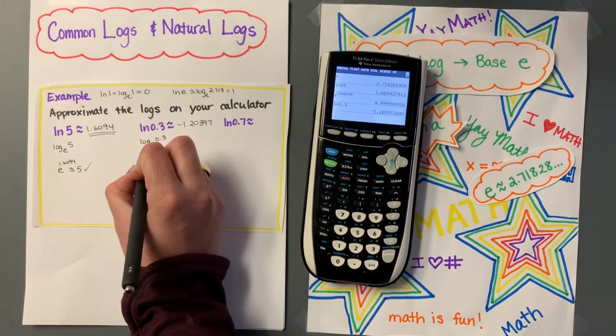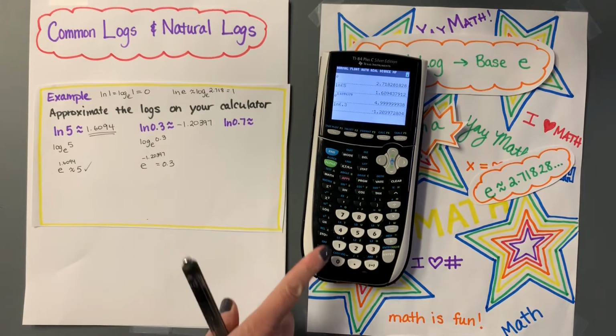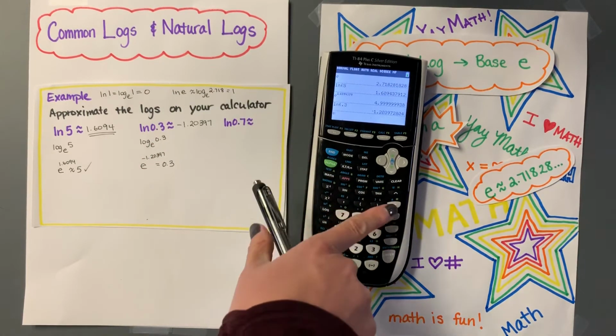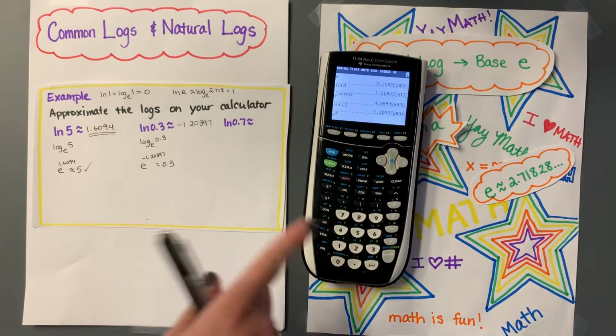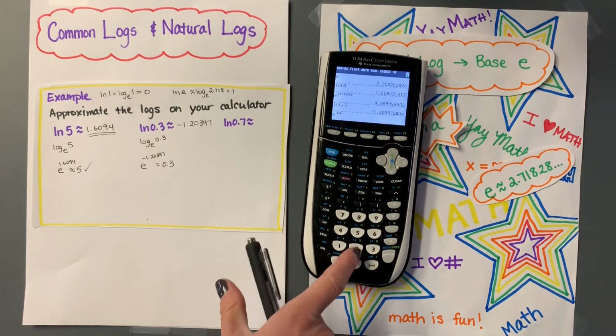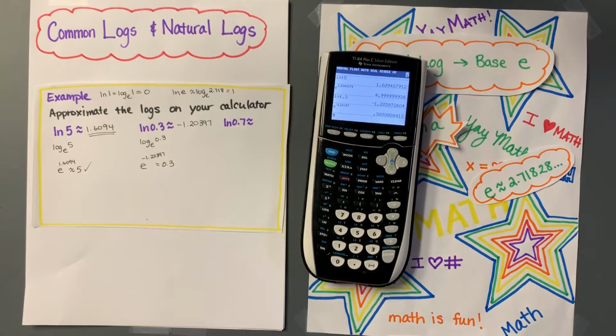So e to the negative 1.20397 should be equal to 0.3. So e, which is second and then the division sign, the caret to bring me up, negative 1.20397 gives me just about 0.3.